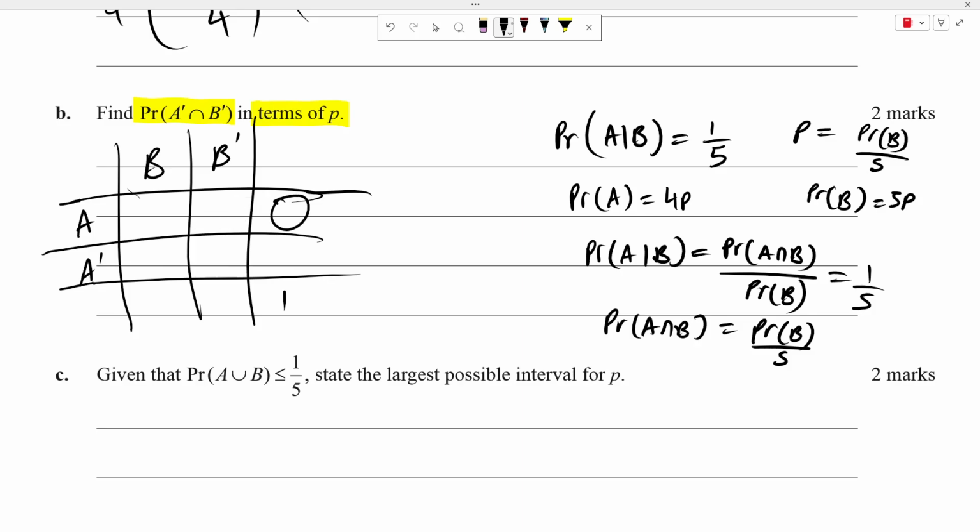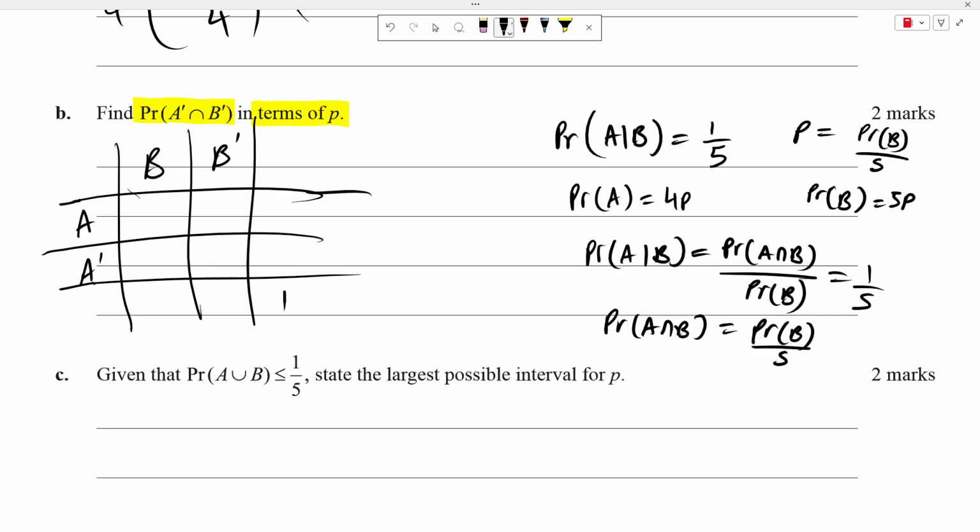This is going to represent the probability of A intersection B plus the probability of A intersection B complement, which is just the probability of A. This, similarly, is going to represent the probability of A complement. This is going to represent the probability of A complement intersection B complement, which is what we're trying to find.